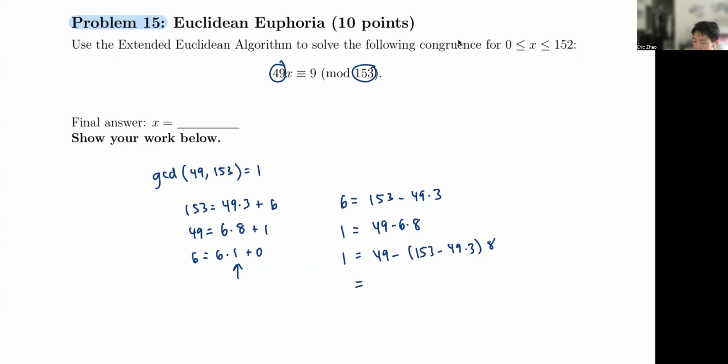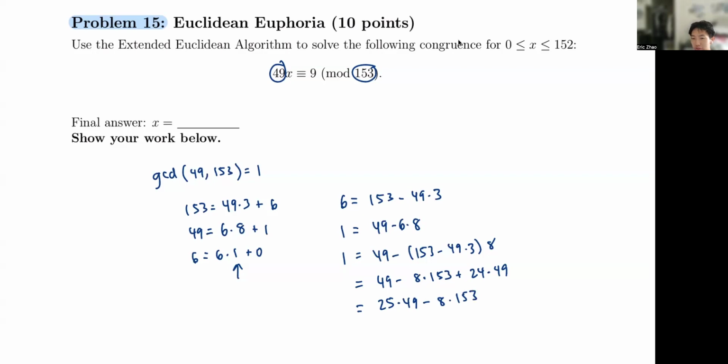To simplify that, we have 49 minus 8 times 153 plus, we have the minus and the minus, plus 24 times 49, 24 because 8 times 3. So then we combine these like terms, we get 25 times 49 minus 8 times 153.